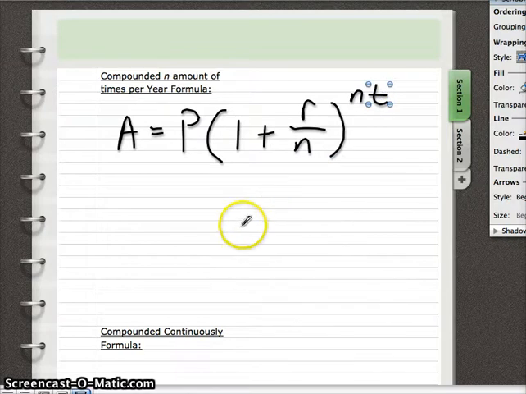So let's say I go to the bank and I deposit a certain amount of money that I want to just sit there and collect interest and make me money just by sitting in the bank.